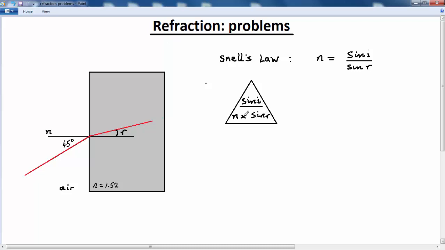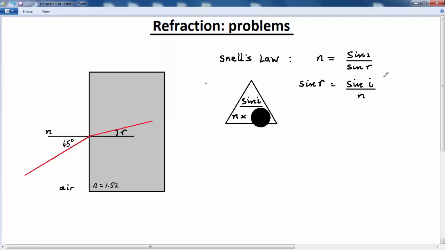We know i and we know n. So what we'll do is we cover up the term that we're after, and that leaves us with the sine of i divided by n. So we can write the equation now in terms of the sine of the angle of refraction, and that's equal to the sine of the angle of incidence divided by n.